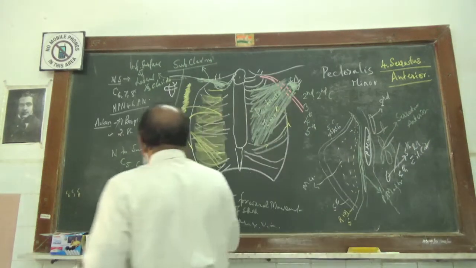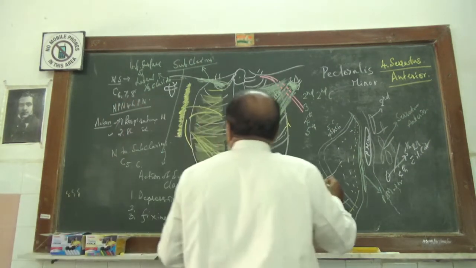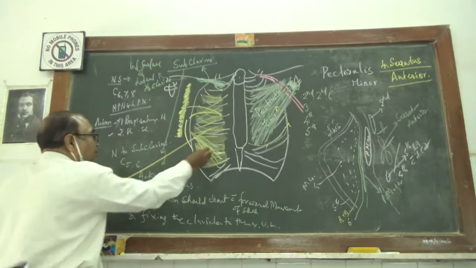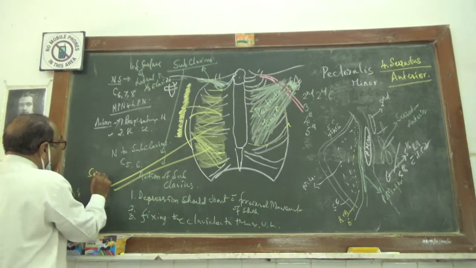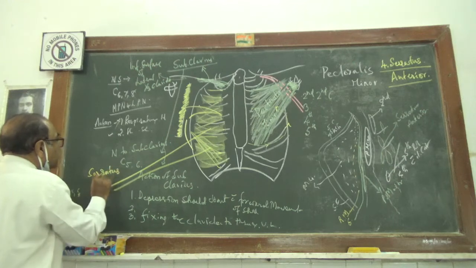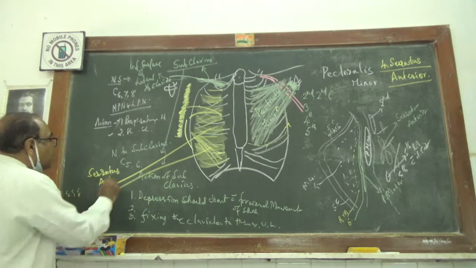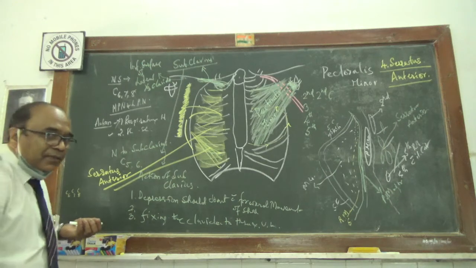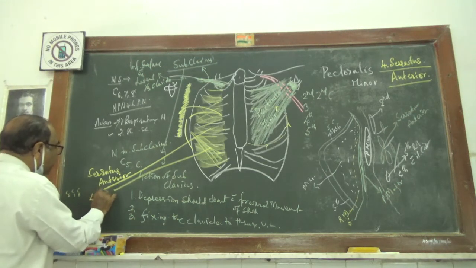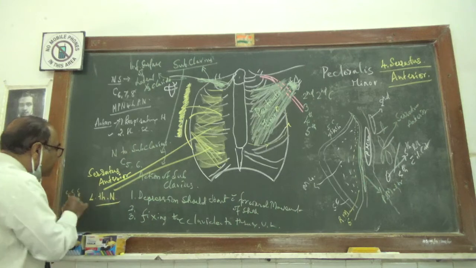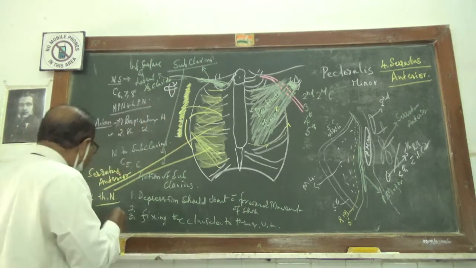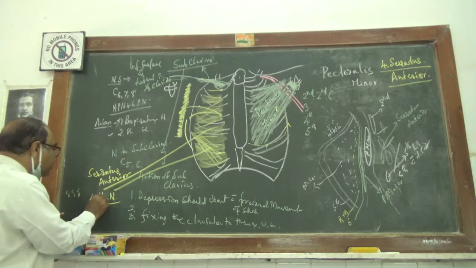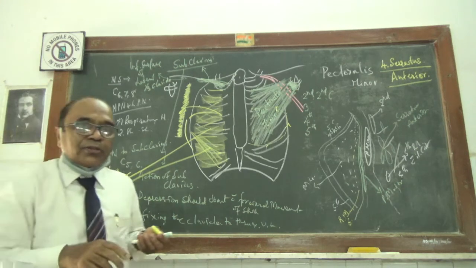Now what is the nerve supply for this serratus anterior? Nerve supply for the serratus anterior is by the long thoracic nerve. Now this long thoracic nerve is also called the nerve of Bell.